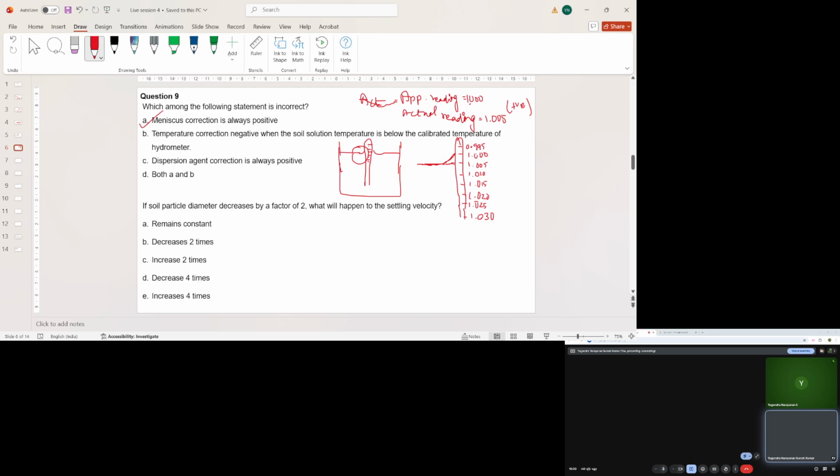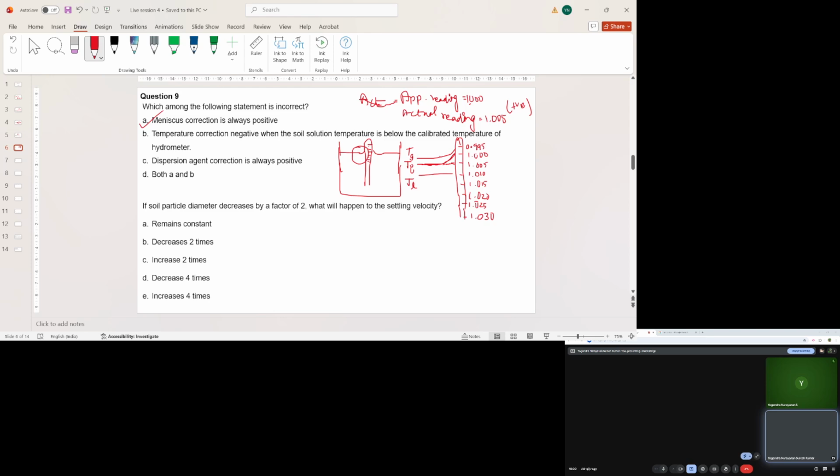Now, temperature correction is negative when the soil solution temperature is below the calibrated temperature of the hydrometer. Once the temperature of the solution is more than the calibrated temperature, the water level will be more. This is T ideal, this is T greater, and this is T lesser.